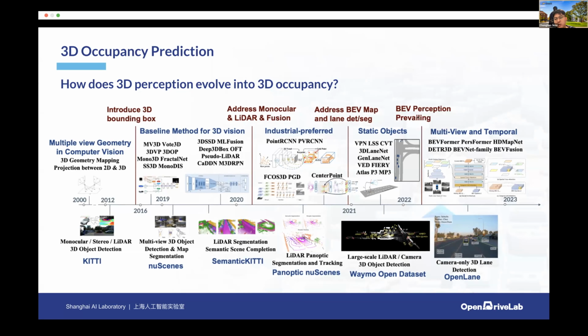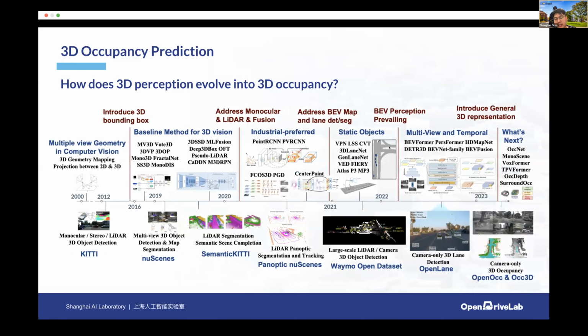Since 2022, BEV perception has been prevailing, with many multi-view and temporal cues or priors addressed by these methods. And later in this year, we see great attention on the occupancy tracks.